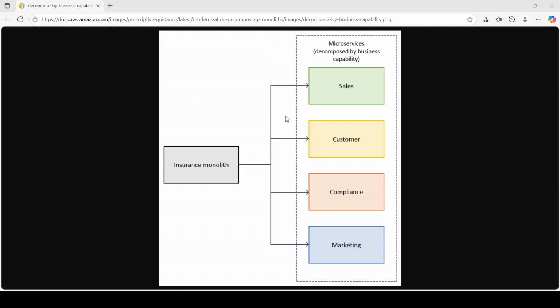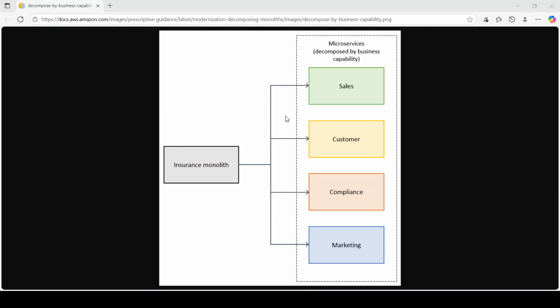Now let's talk about how to implement this transformation. That's the big question. To make this transformation successful, we'll have to follow these six strategic steps. First, we'll have to identify the business capabilities. We'll work with business stakeholders to list out the key functions.